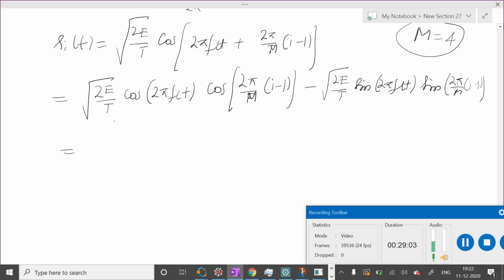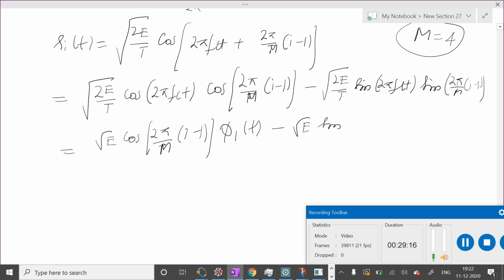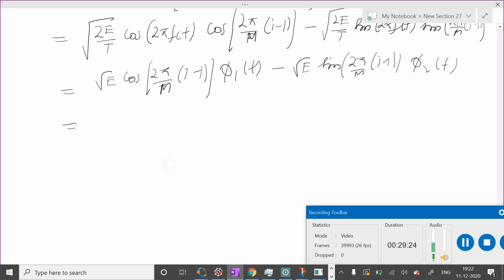Again, same story: you can write it as root E cos(2 pi/M (i-1)) phi 1 of t minus root E sin(2 pi/M (i-1)) phi 2 of t. And this can further be written as s_i1 times phi 1 of t plus s_i2 times phi 2 of t.